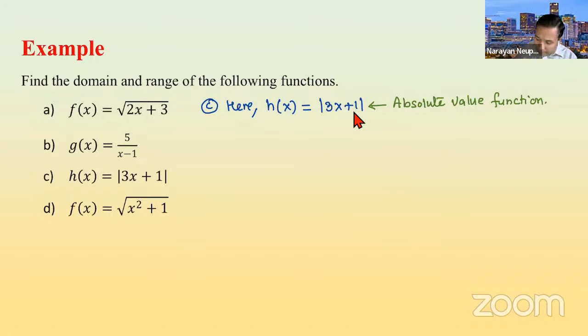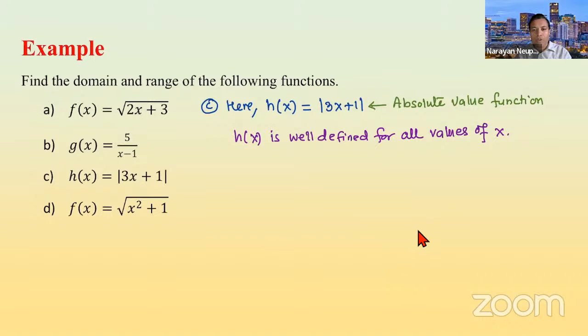So let's write that. h of x is well defined for all values of x. That means there is no restriction.